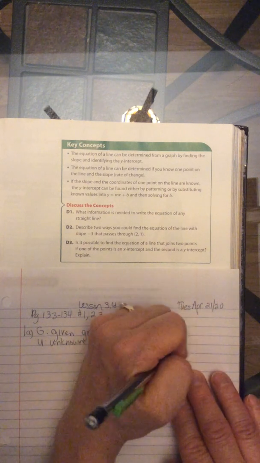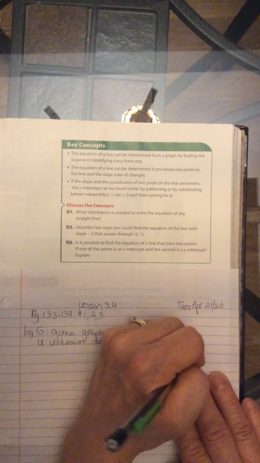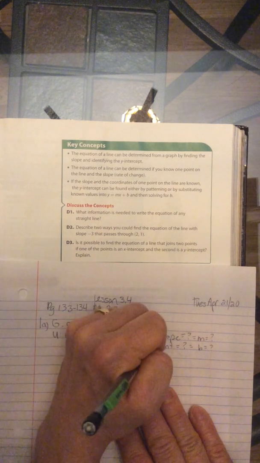Okay, so what is that? Now we know that the slope is the same as m. So that's what we're trying to find. And we know that y-intercept is the same as b. We also know that they're asking us to write the equation of the line. So the third thing is write the equation of the line.